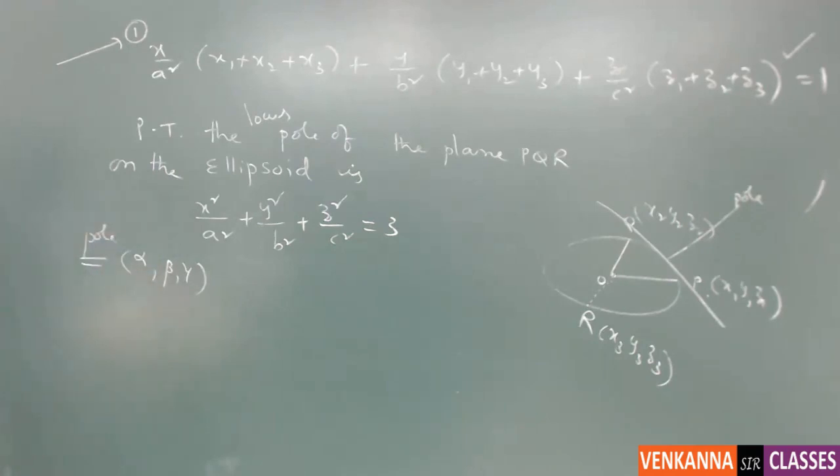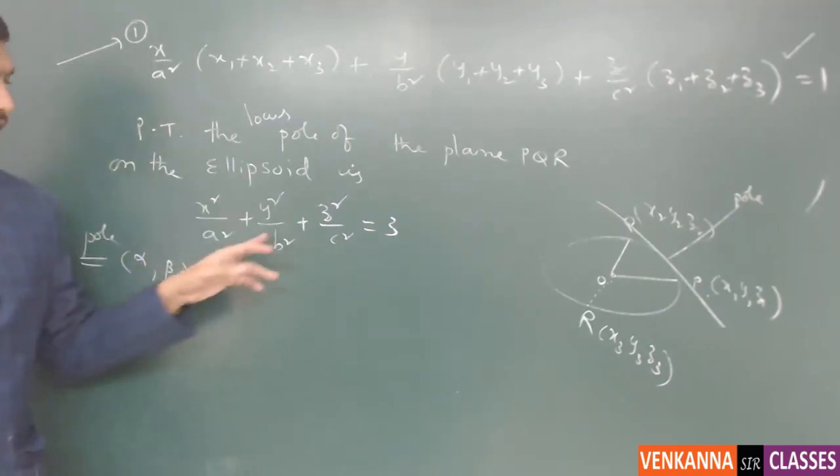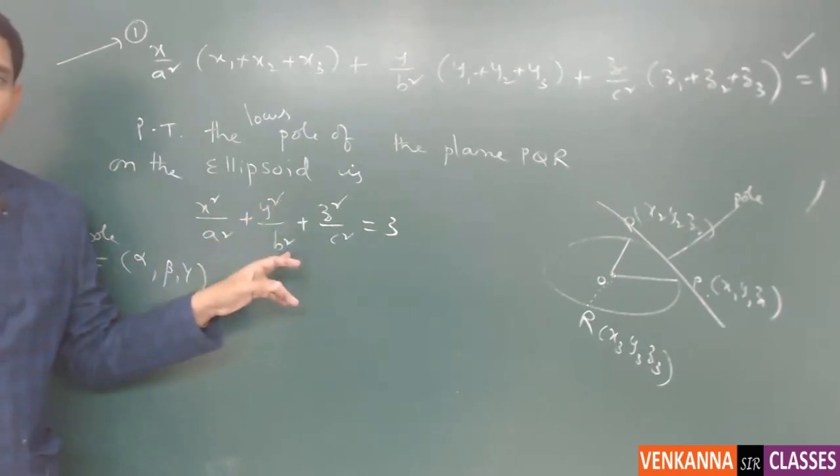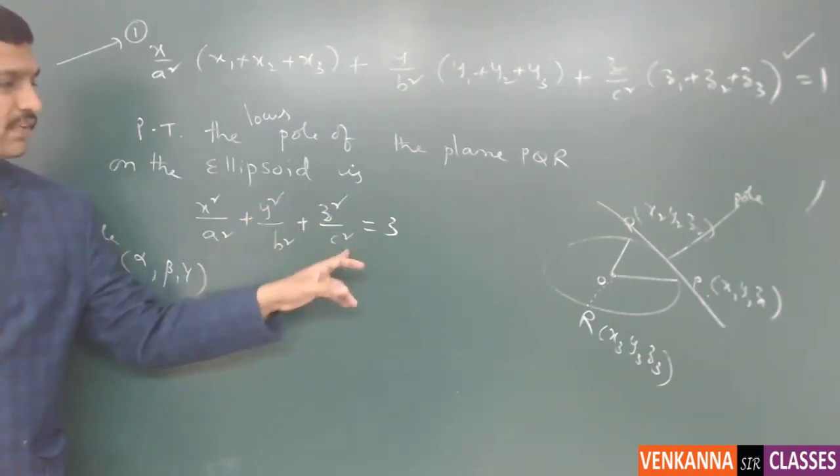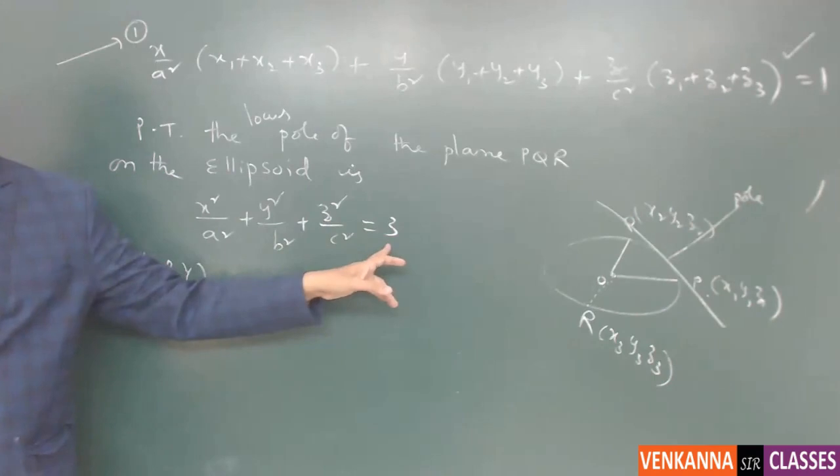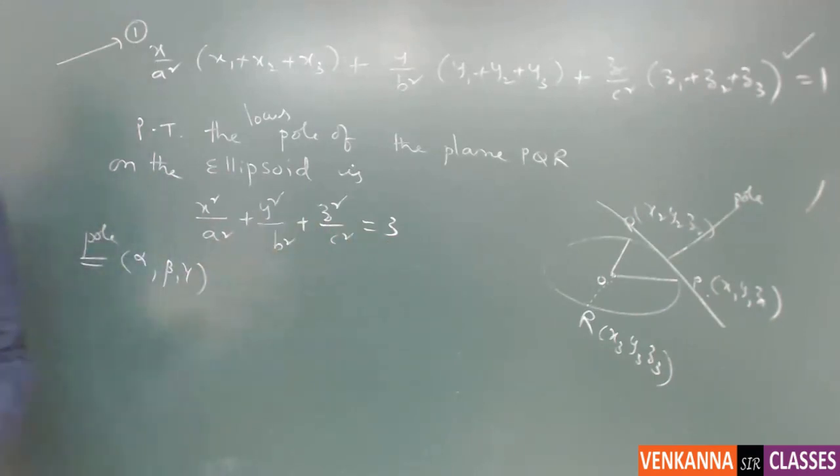So we have to show that alpha, beta, gamma satisfies this equation. So what do we need to achieve? Alpha square by a square plus beta square by b square plus gamma square by c square equal to 3. That we have to bring. Are you getting the content? Say yes or no.